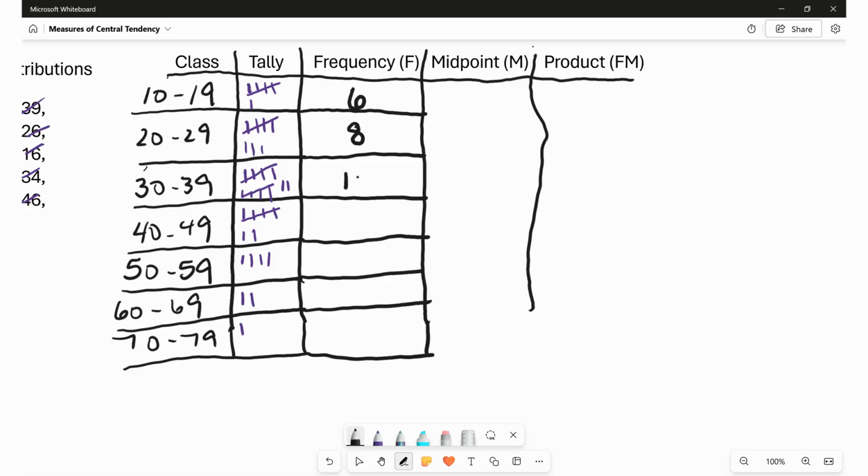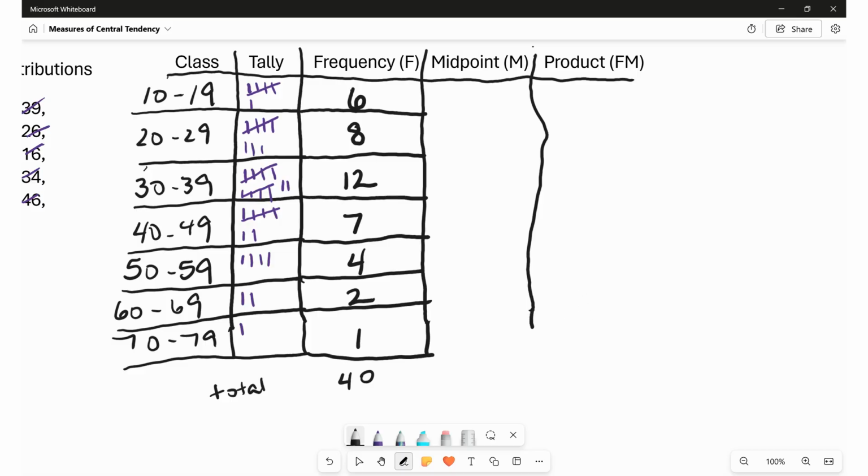There are 12 values in that group, 7 in that group, 4 in that group, 2 in that group, and 1 in our last group. And this gives us a total of 40 data values. So when we add up all of those frequencies, there are a total of 40 data points that we just organized in there.